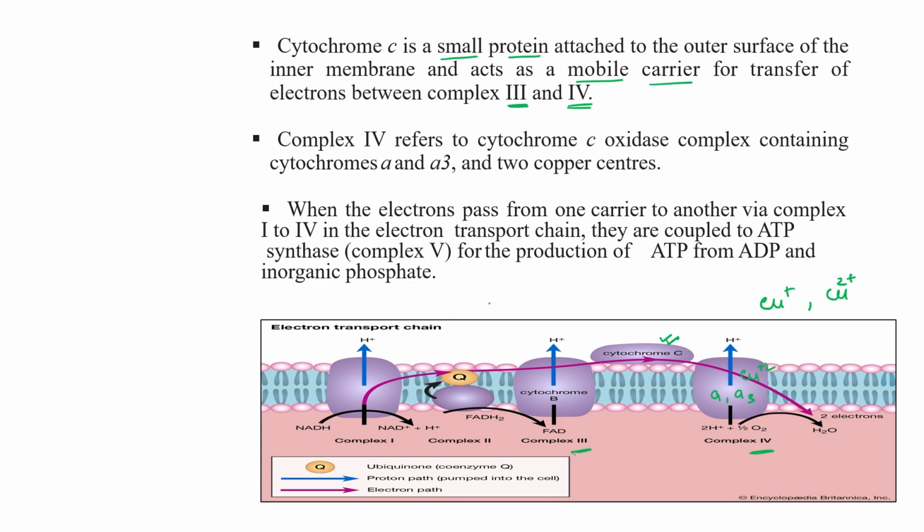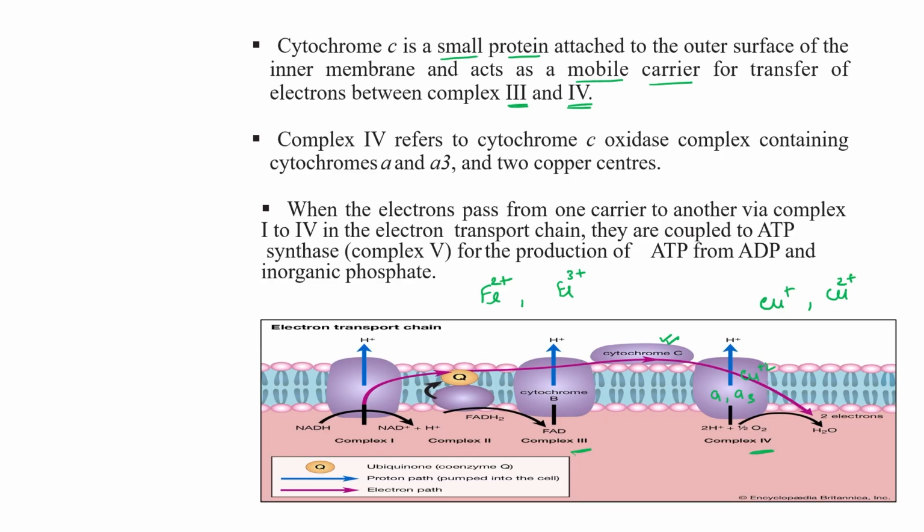Similarly, iron in complexes 1, 2 and 3 acts as the main center molecule, because iron can be present in the +2 or +3 ionic form and act as a stable molecule.